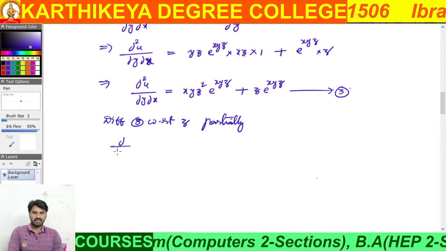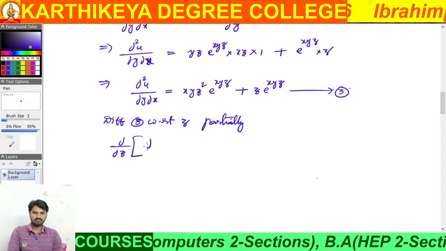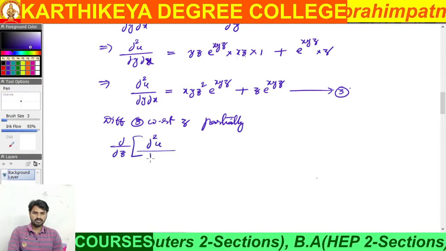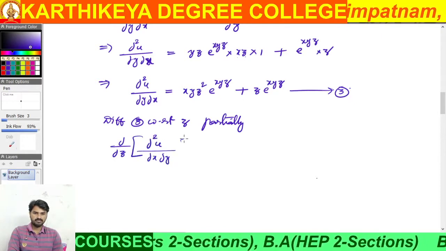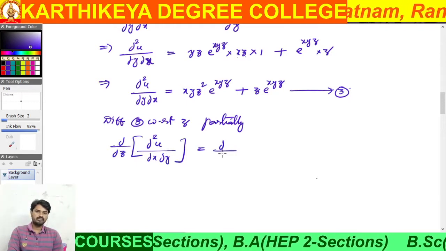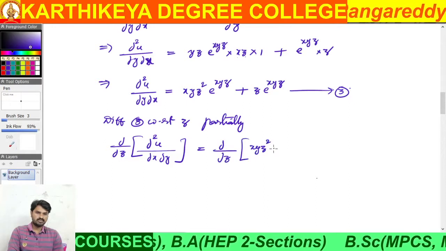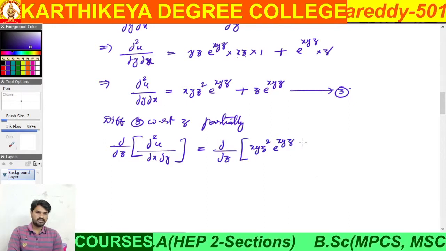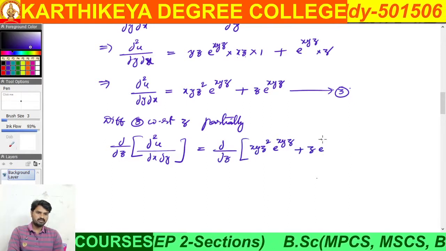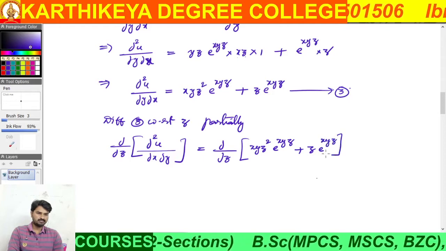Now ∂/∂z of ∂²u/∂x∂y is equal to ∂/∂z of (xyz² e^(xyz) + z e^(xyz)).